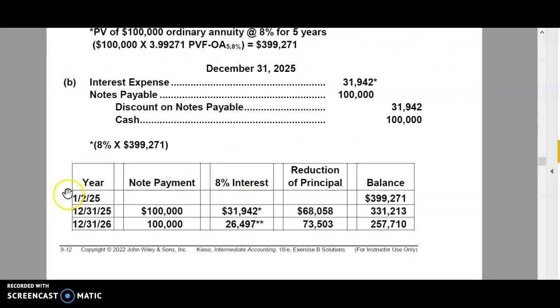So here's what I mean. When you recorded the note on January 2nd, 2025, here was the balance. And then at the end of the first year, you're going to make a payment of $100,000.